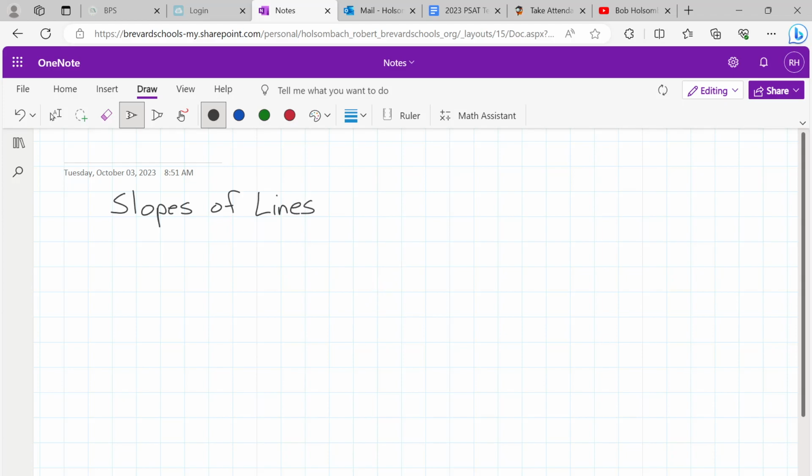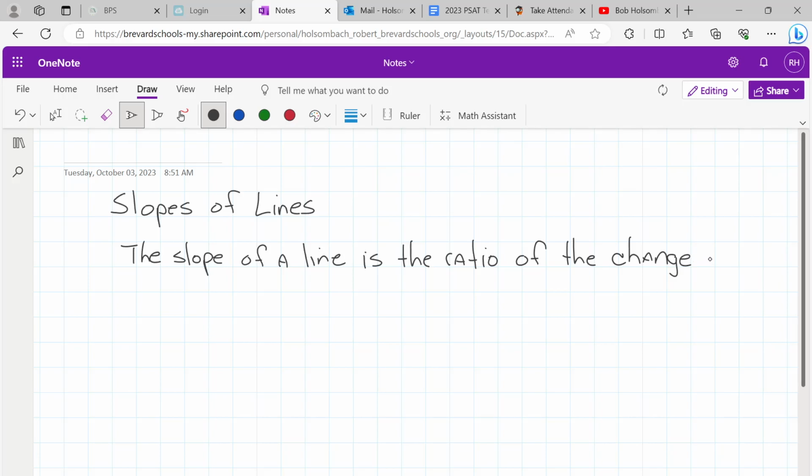And the key concept there on page 188 says that the slope of a line is the ratio of the change in y to the change in x.